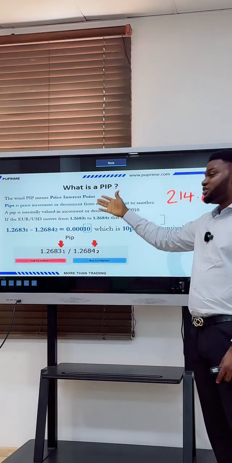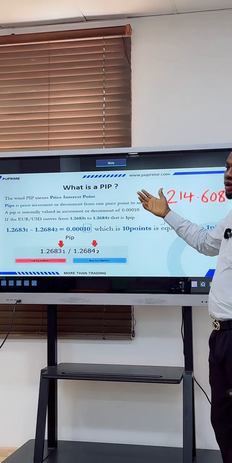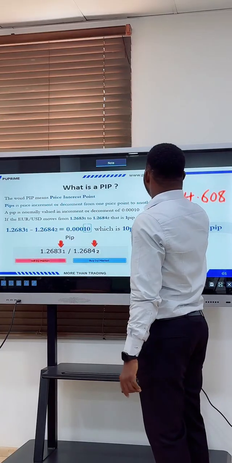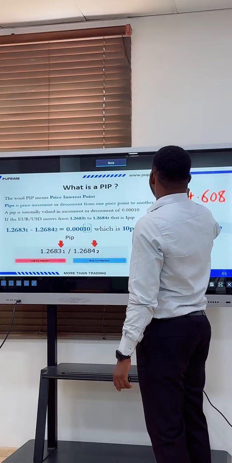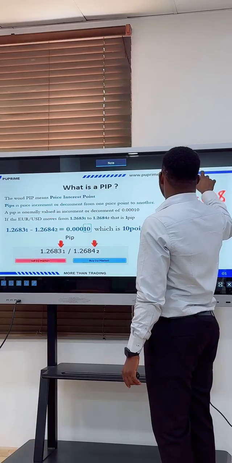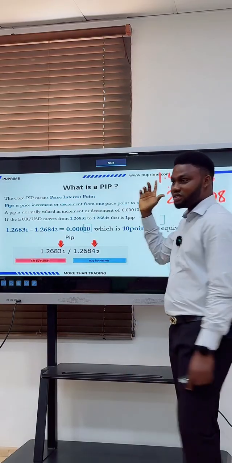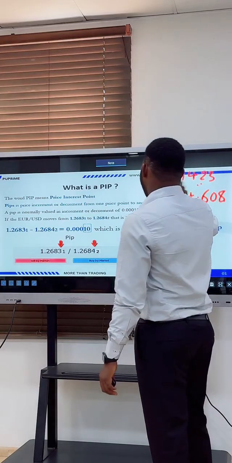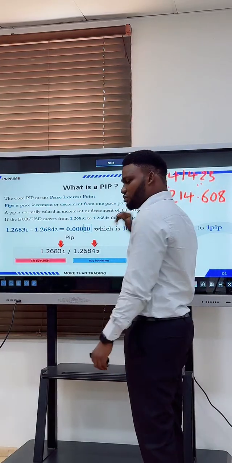But for Euro USD and major pairs as well, it is usually like 1.41423, in 5 decimal places.